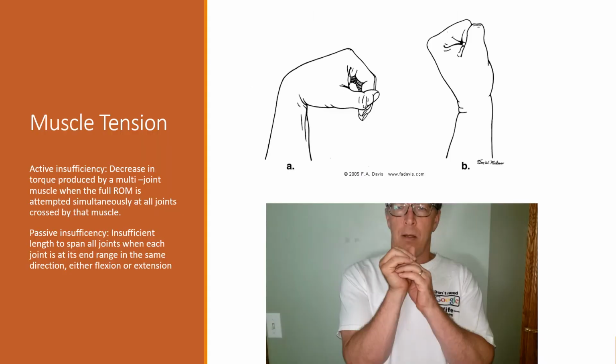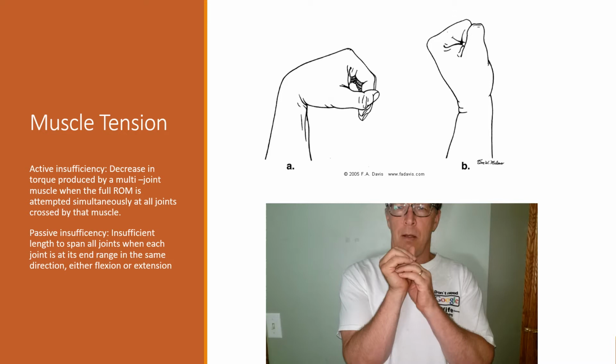One of the things that we've learned about is the source of the loss of muscle tension with active or passive insufficiency. It was believed that the reason we could not get any muscle tension when the muscle was shortened across all joints, in the case of muscles that cross several joints like the long finger flexors or extensors, was that the sarcomeres were so overlapped that there were no cross bridges available.